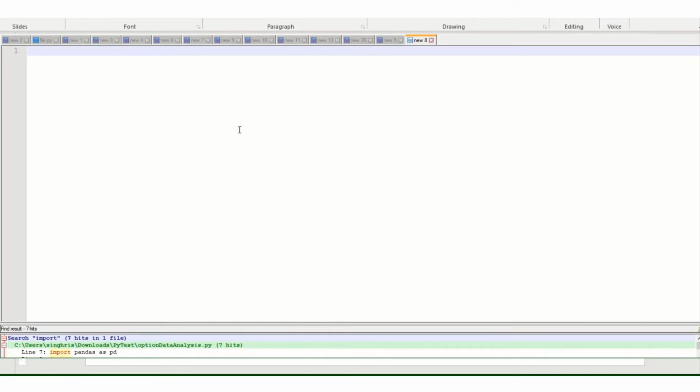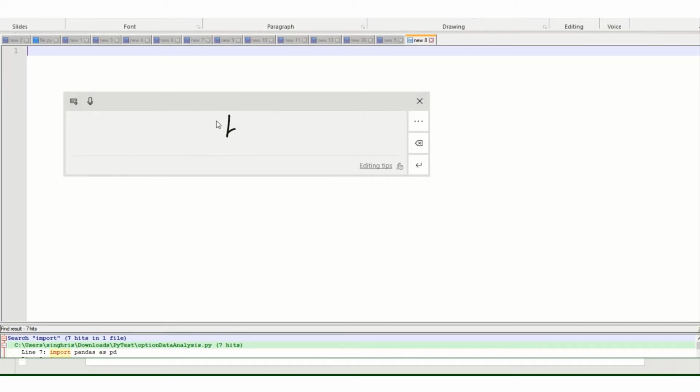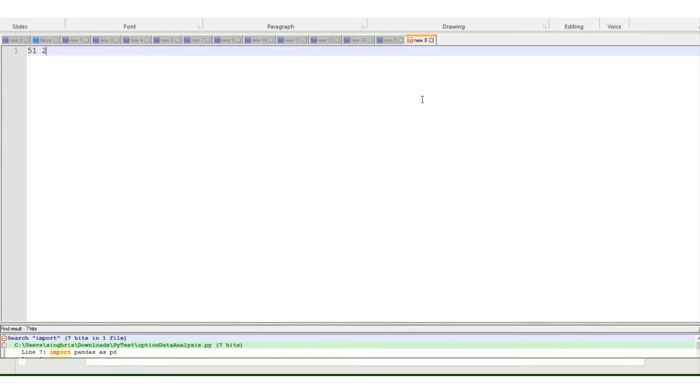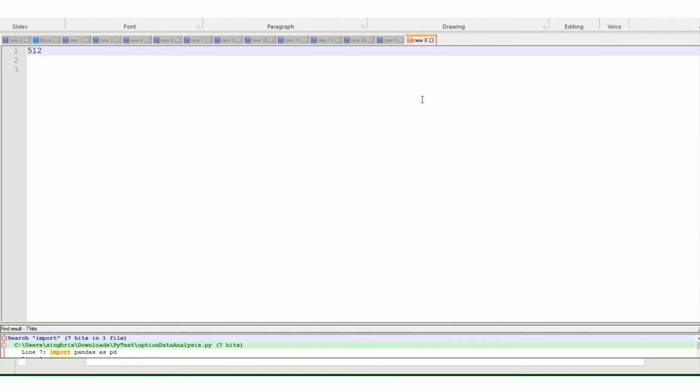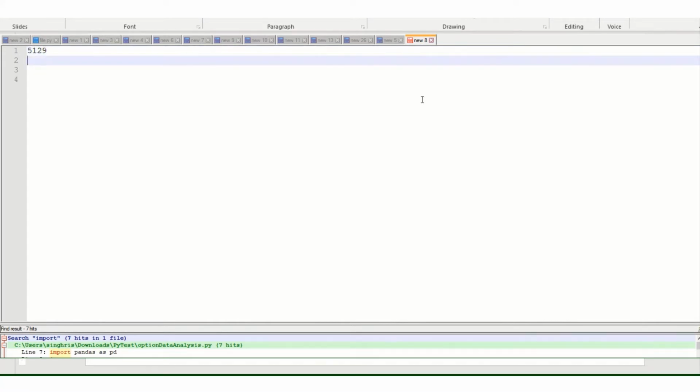Suppose you have a number like 512. Here you can see that in the decimal number system, every digit is between 0 and 9.